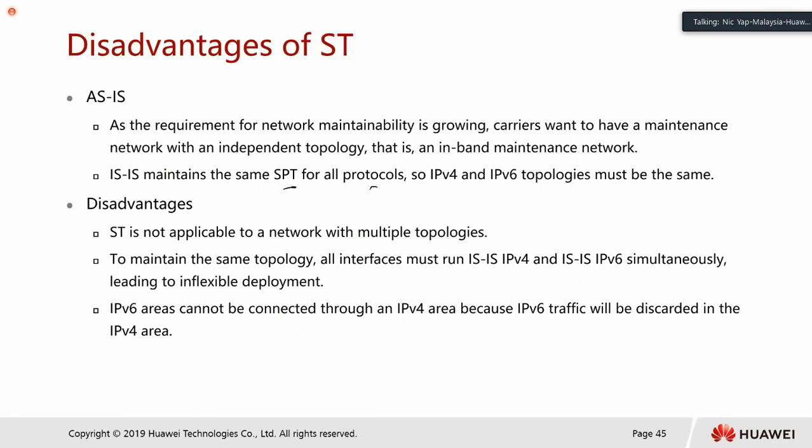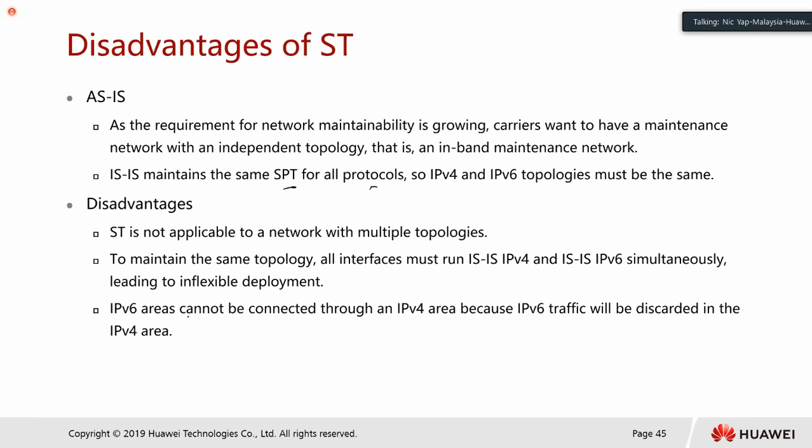All right. To maintain the same topology, all interfaces must run IPv6 and IPv4 ISIS simultaneously, leading to inflexible deployment. So wherever you enable IPv4, you must enable IPv6 as well, because you'll be using the same calculation. You must run both protocols on the same interface, right?